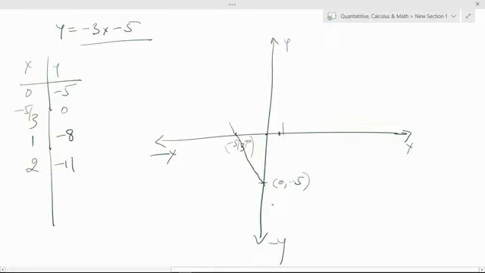Just to give you a fair example, it's not easy to draw the line, but let's assume that it goes through these points. This is the intercept with the x-axis, and this is with the y-axis.